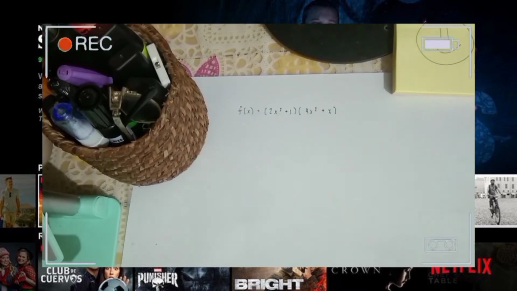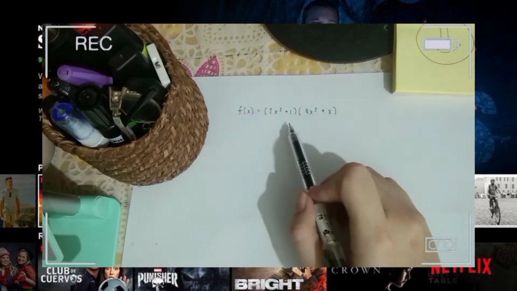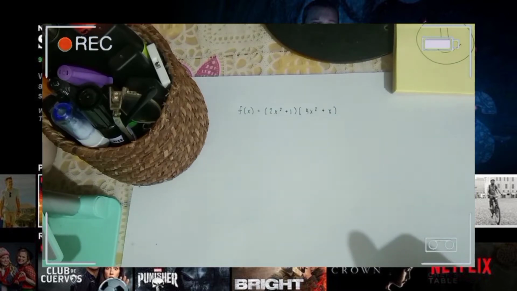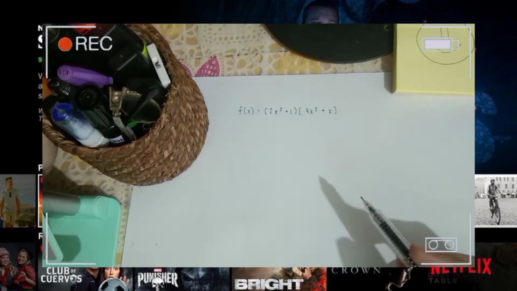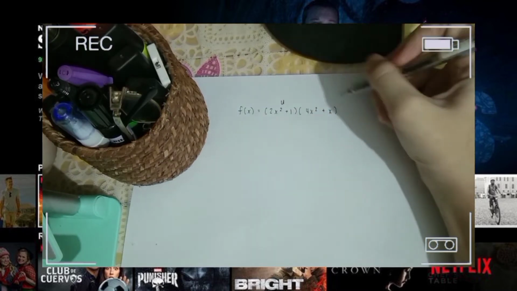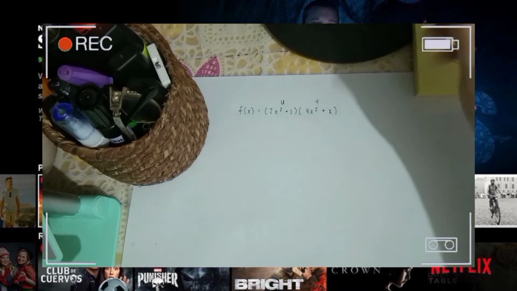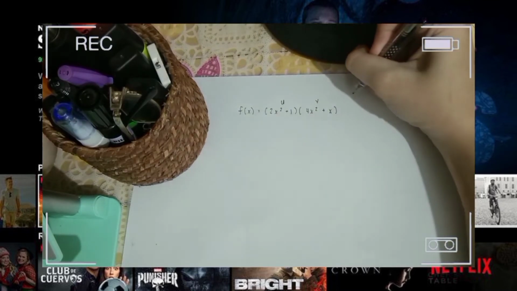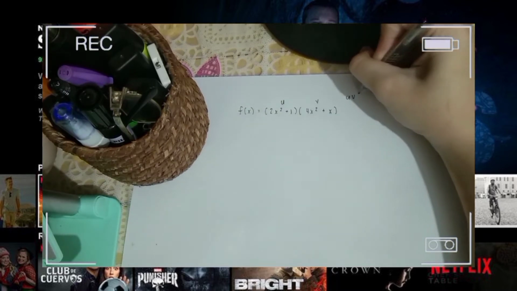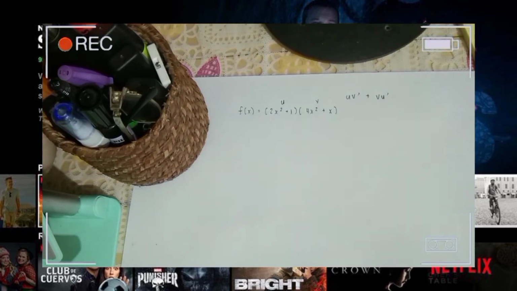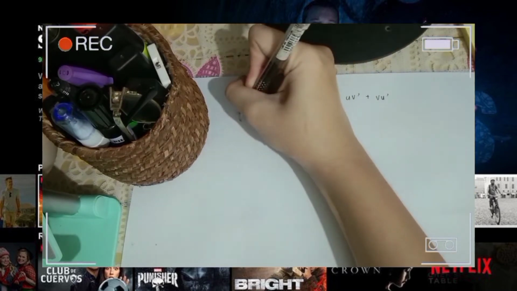Another example would be f of x equals 2x squared plus 1 multiplied by 4x squared plus x. I recognize that I have 2 functions in here, so I'll call the first function u and the second function v. So how can I do my product rule? We'll have u v prime plus v u prime. Now let's see how that looks.